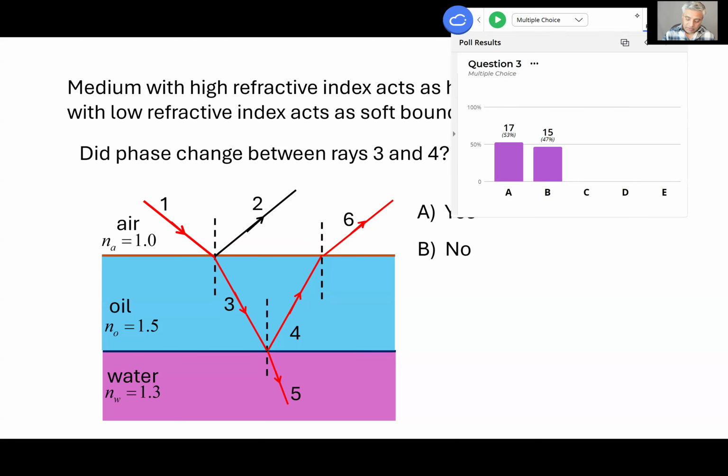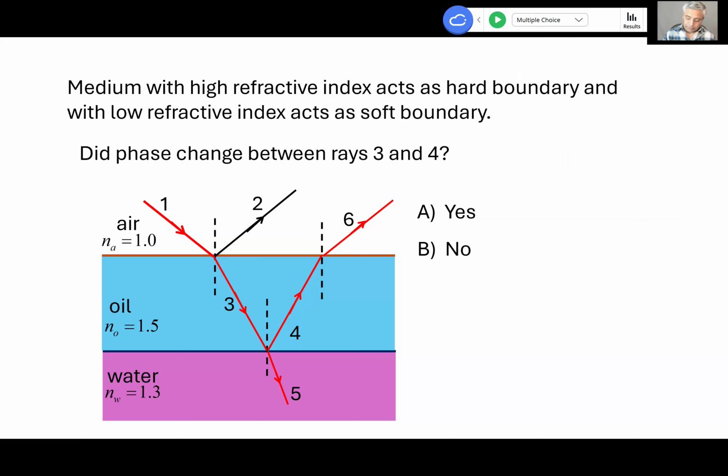Let's see what we got. Oh, we got half and half almost. In this case, the correct answer is no. Why is that? There is reflection. This 4 is the reflected part of this 3. When there is reflection, there may be change in phase. But in this case, there is not, because the oil has a higher refractive index compared to water. So it is like a loose boundary.